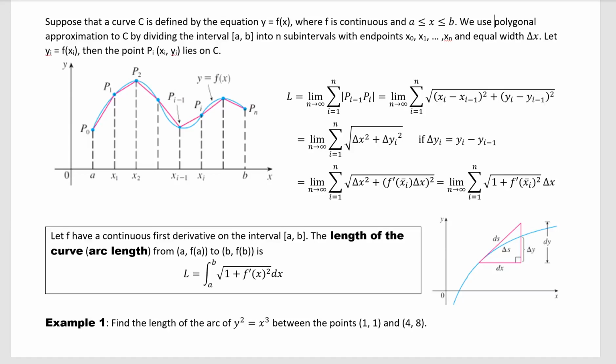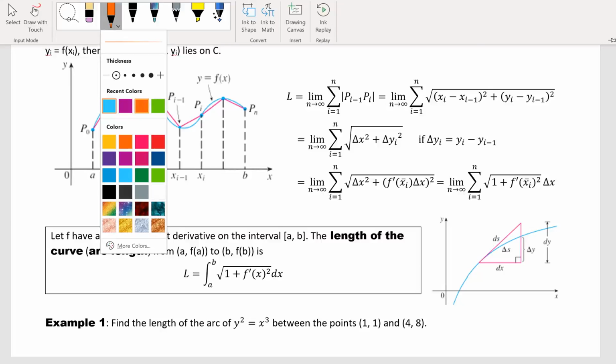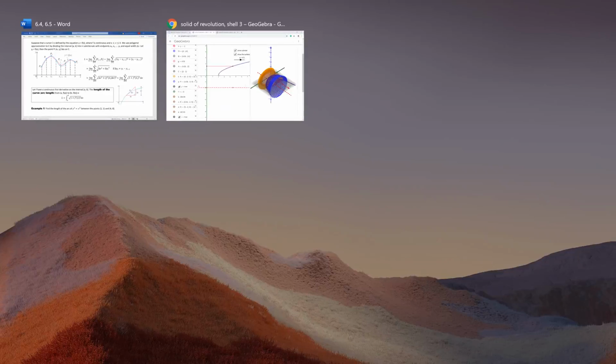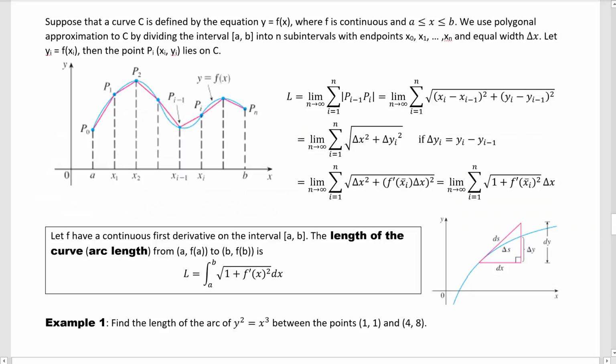Okay, so how do we compute this? Let's look at this line segment. Let me use a different color. Let's focus on this line segment. Let's zoom in a little bit.